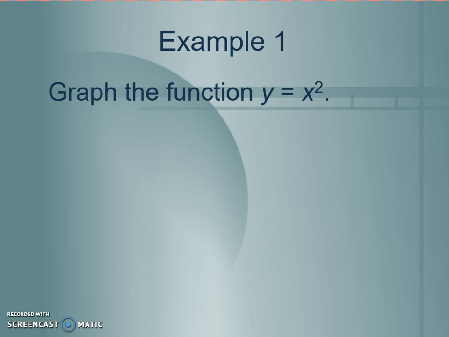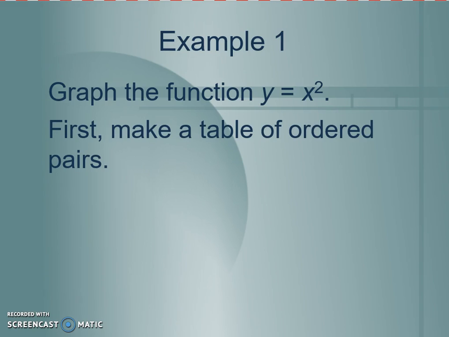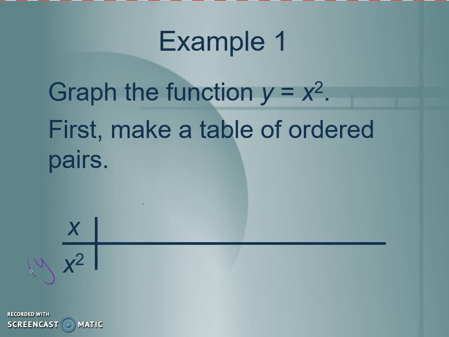It says graph the function y equals x squared. So first we need to make a table of the ordered pairs. We'll have our x, and we'll have our x squared. Remember, our x squared is also our y value, because y is equal to x squared. If we have negative 3 as a value, negative 3 squared would be 9.